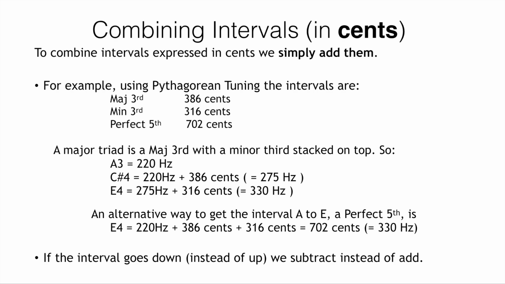So we would get the right notes, but if we wanted to, we could get the interval A to E by just adding 386 plus 316 cents, which would give us 702 cents. So we would work out the interval, which is 702 cents above 220 Hertz.